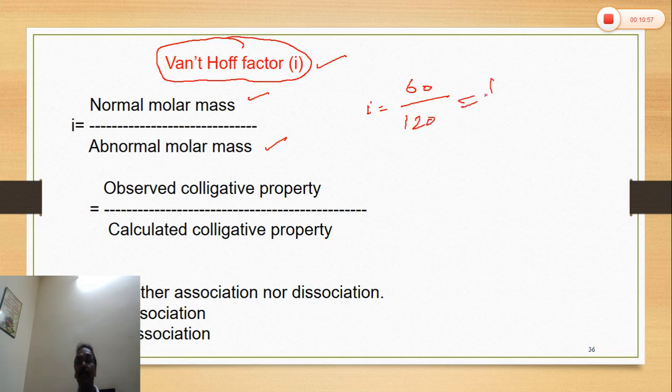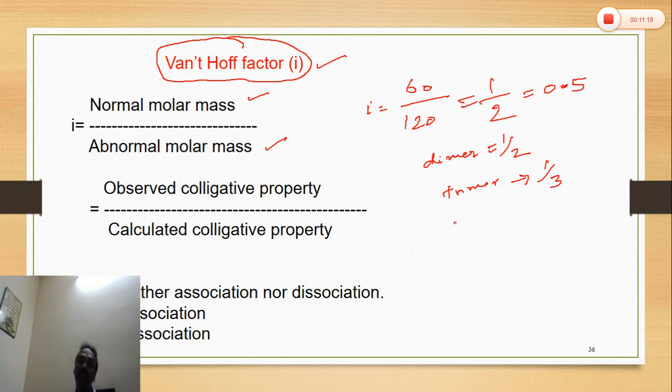That is 1 by 2, or 0.5, the Van Hoff factor of acetic acid. 1 by 2 means dimerization. If trimerization, 1 by 3. If octamerization, 1 by 8.